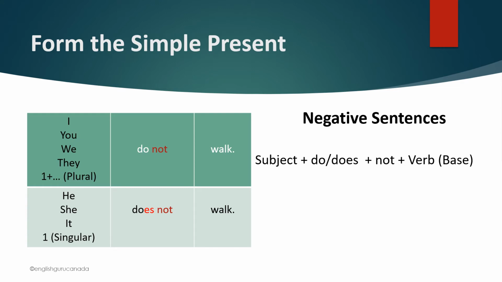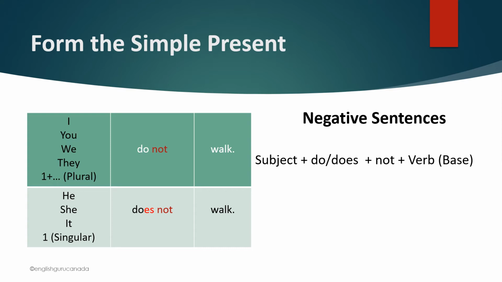So if you look at the chart now, it has three columns. If you look at the extreme right column, the verb column has walk, and there is no S over here in either of these, which means the verb will stay as walk. Now, the first column has the subject.